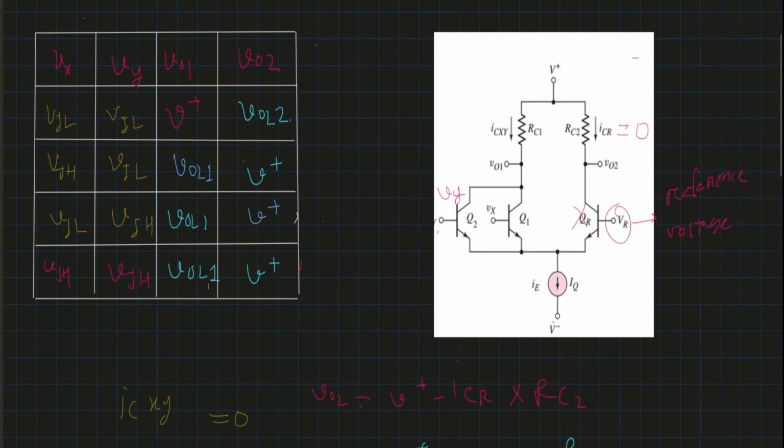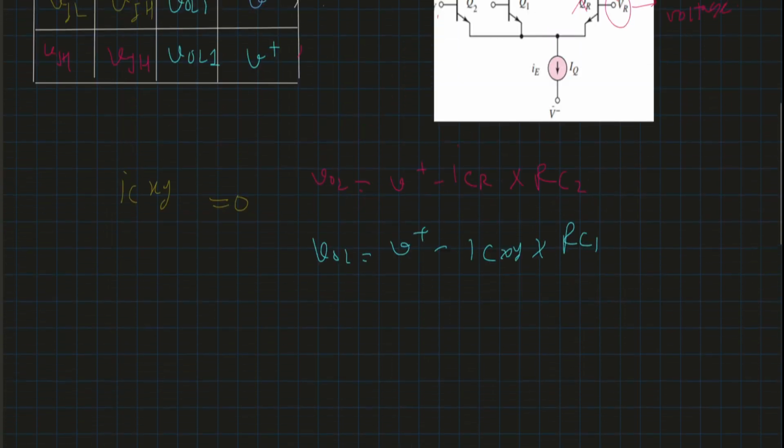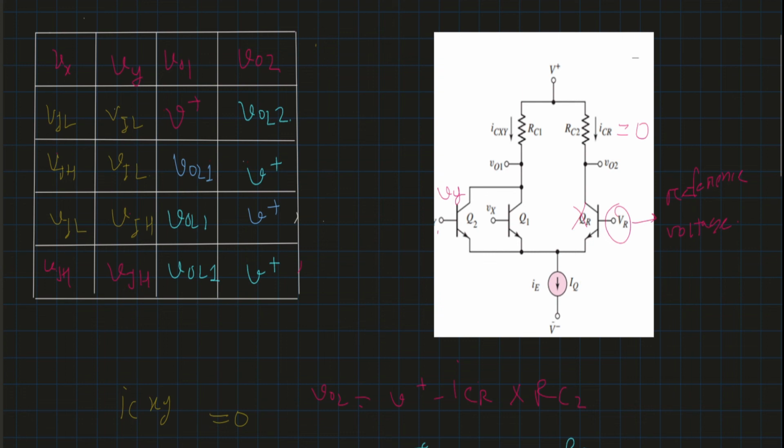Now let's compare this output with the truth table we have seen. When both inputs are 0, our OR gate will have a logical 0 output and the NOR gate will have a logical 1 output. If you compare this to our results, we have VOL, that means logical low. We are not assuming it as 0 volt, but it is logical low.